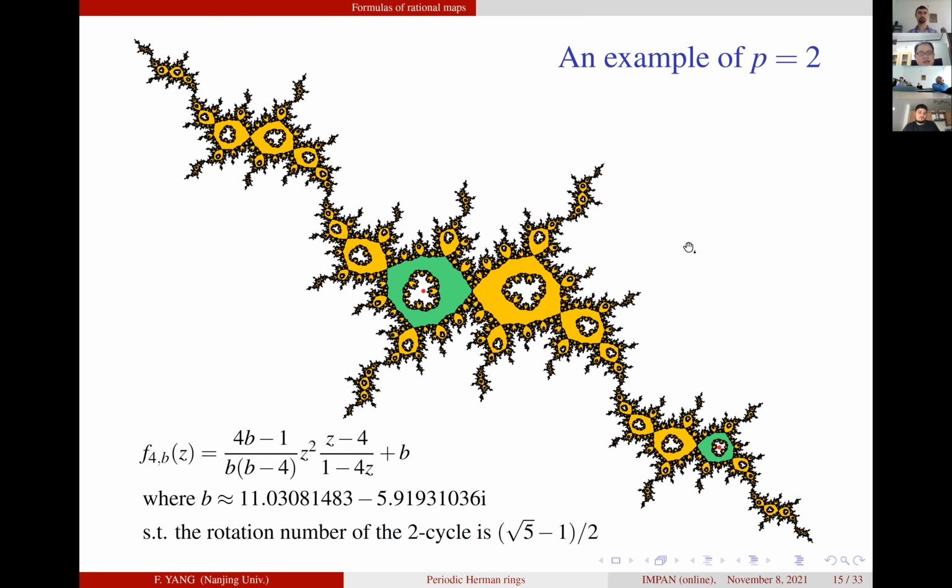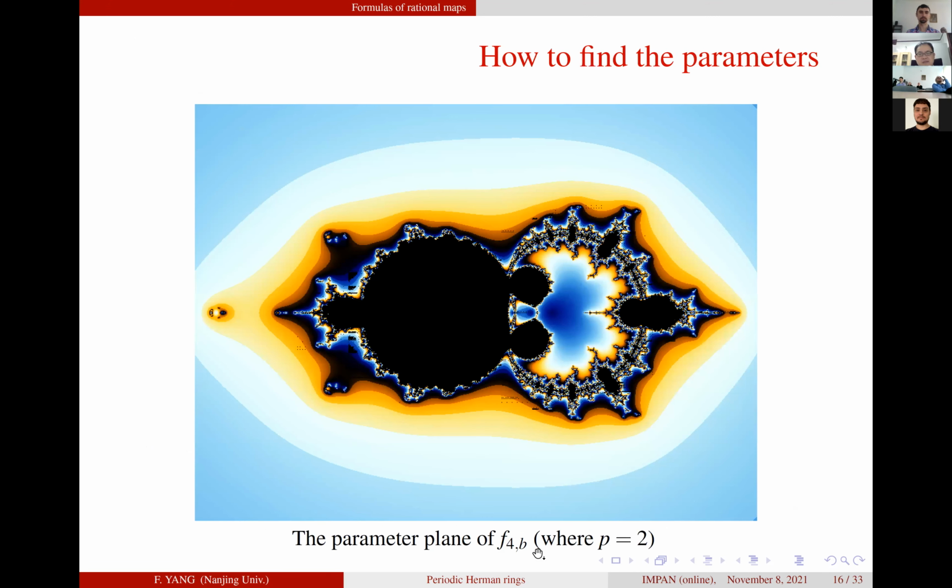And how to find the parameter b? There is a method by studying the parameter space. We first draw the parameter space of F4B, in this case p equals 2. This set corresponds to the Herman ring parameters and also some other parameters.